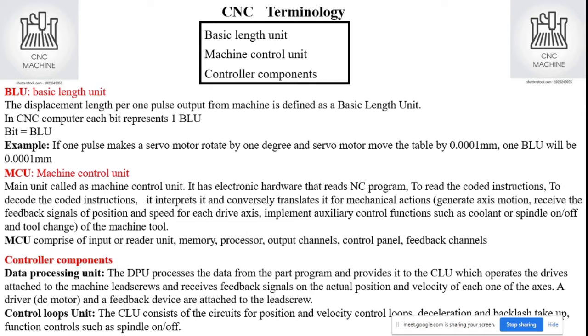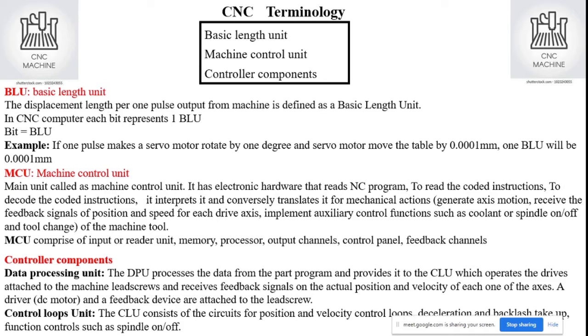To understand this, I can show you an example. If one pulse makes a servo motor rotate by 1 degree, which means the servo motor moves the table by 0.0001 mm, then 1 BLU will be 0.0001 mm.